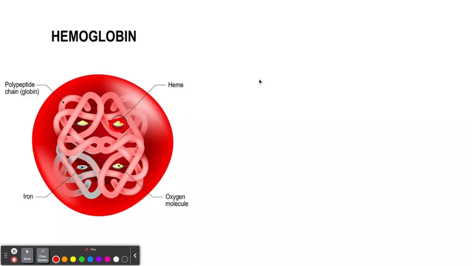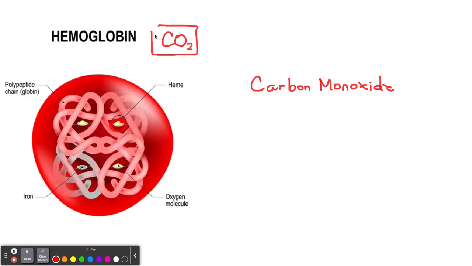Now, I did mention a dangerous gas, carbon monoxide. And mono means one, not carbon dioxide. Dioxide is the one that we breathe out, the CO2. That's carbon dioxide because it has two oxygens. But carbon monoxide is dangerous, right?